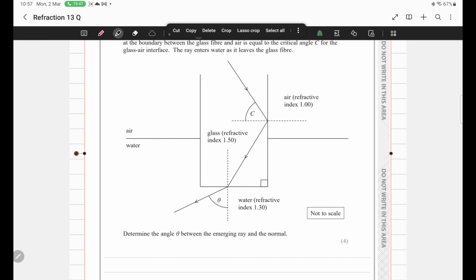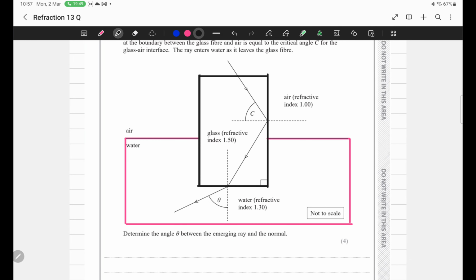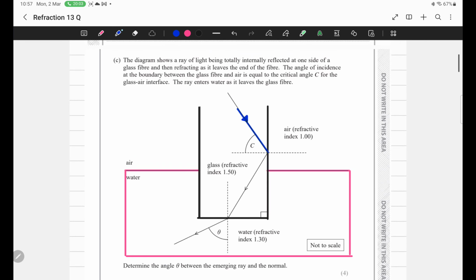Consider this is the ray. This is the incident ray. We are given that this incident ray is making critical angle with the boundary.